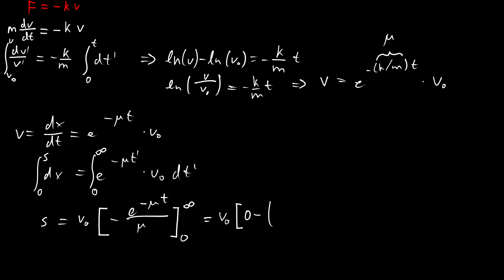E to the minus 0, oh, that is t prime, I'm sorry. E to the minus 0 is going to be 1. And then we have just v0 over mu times minus 1 over mu. And then this is equal to v0 over mu.